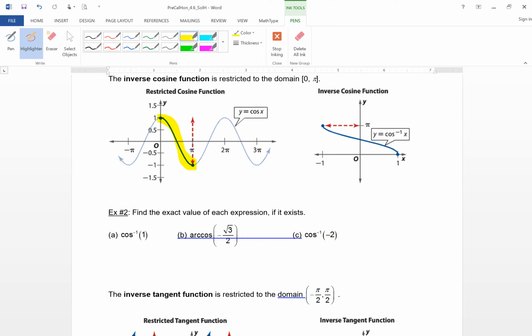Now, when you flip it over, you get the inverse cosine, and for the inverse cosine, the domain is negative 1 to 1, and the range is 0 to pi. There is a nice chart or 2 charts afterwards, okay?